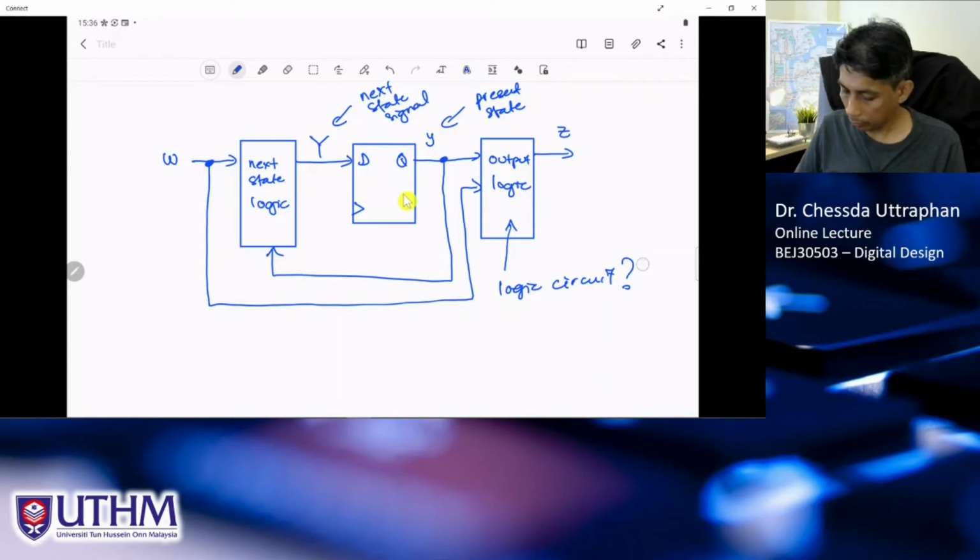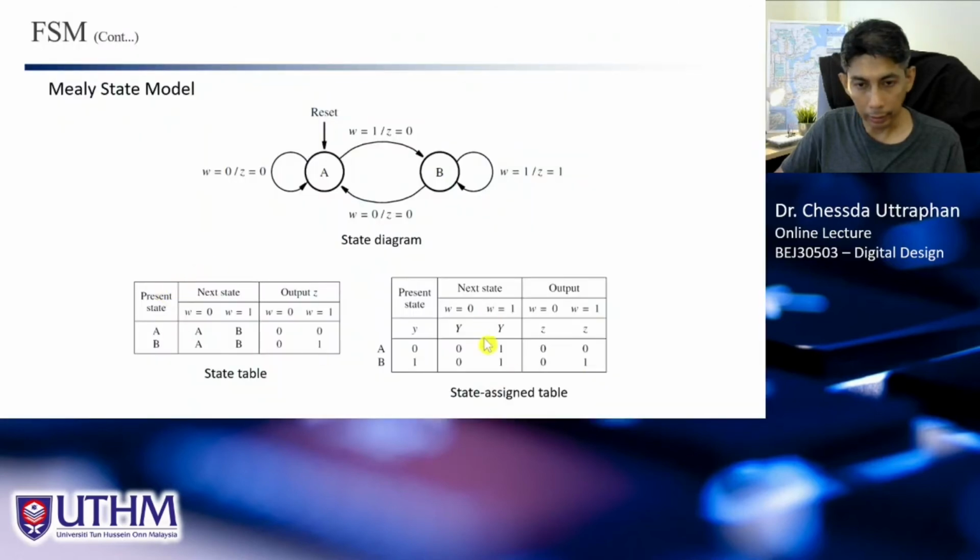So if you look carefully, here first, next state. For next state, we have the output is capital Y, the input is W and small y, right? W and small y. So from this state assigned table, it is just like the truth table, right?